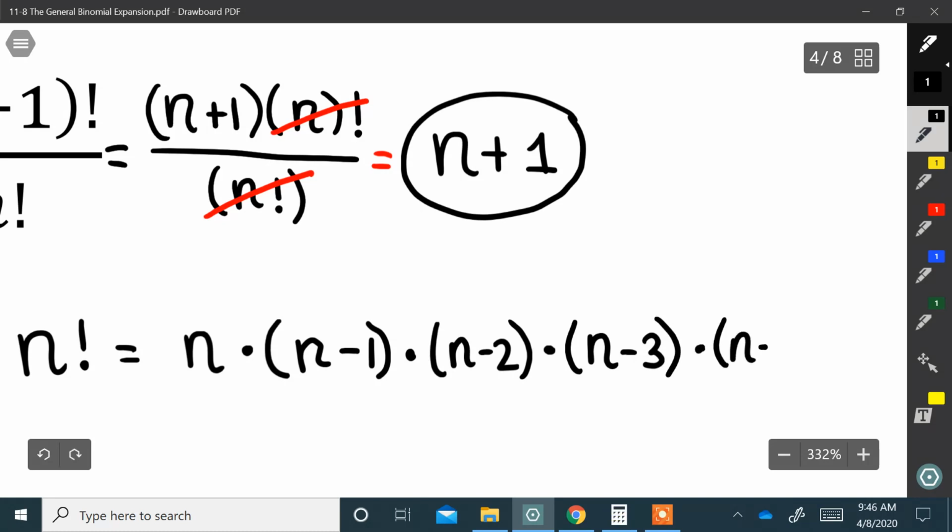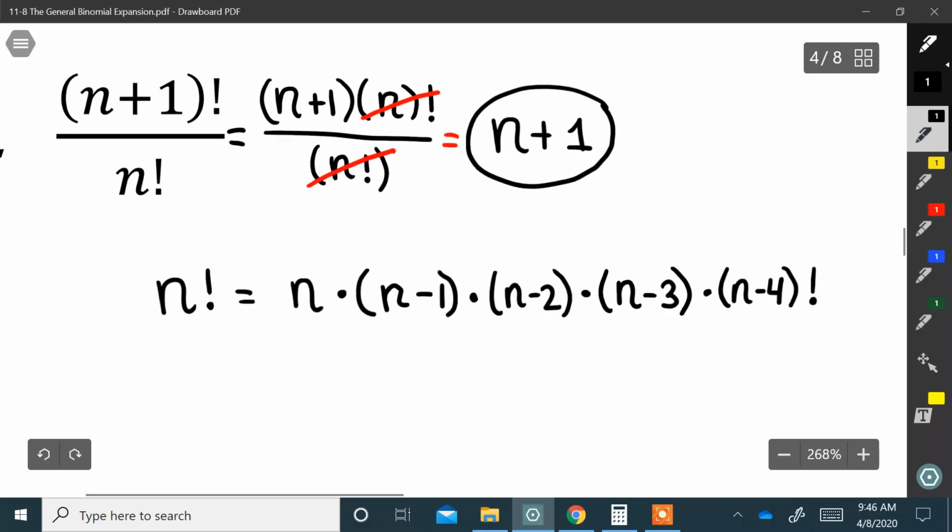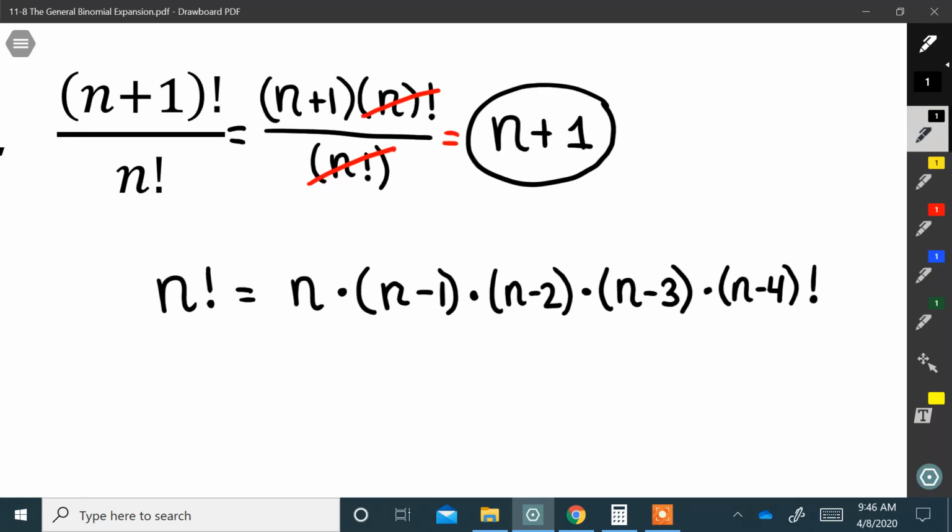Eventually we can write it like this: n minus 4 factorial. We can keep going to infinity if we wanted to, but usually when you have n like that, this is how you write it. All right, let's go ahead and continue.